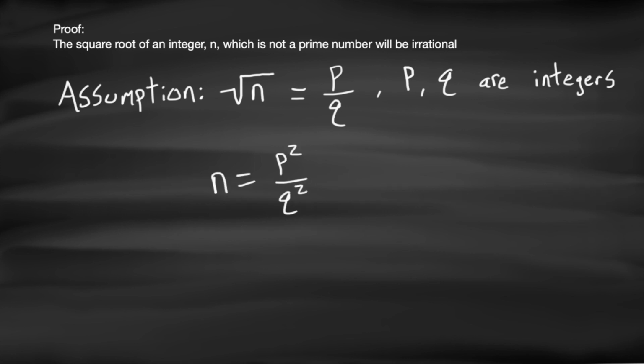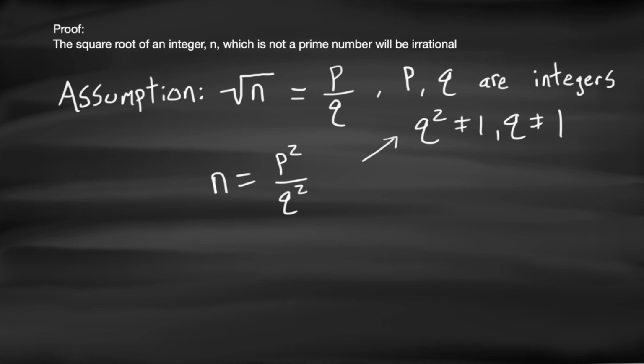Now that we are in reduced form, take the square of both sides, which gives us N equals P squared over Q squared. If we recall from the definition of a perfect square, it looks something like this: N equals P squared over 1. Therefore, we set Q squared not equal to 1, so Q cannot be equal to 1.